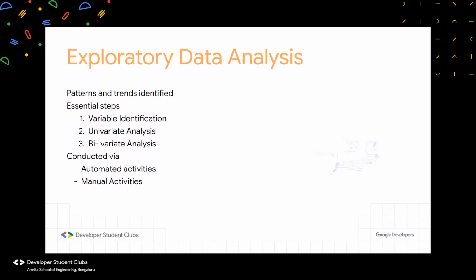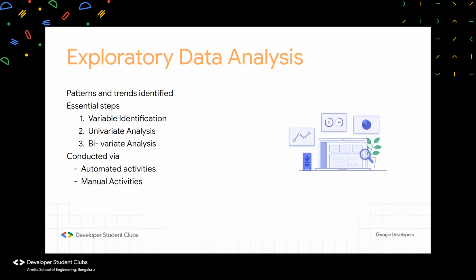Now, the most essential steps are variable identification, univariate analysis, and bivariate analysis. And the tools can be used to begin acquiring knowledge of your data set. It can help cut down a massive data set to something more manageable, where you can focus your efforts and your time on analyzing the most relevant data.